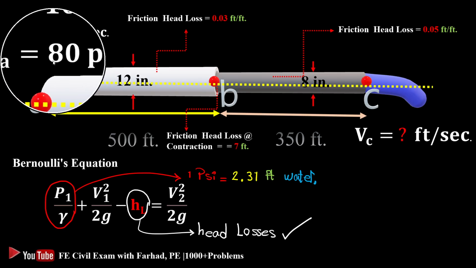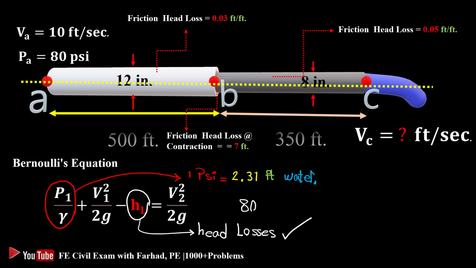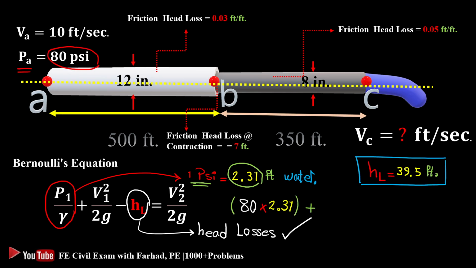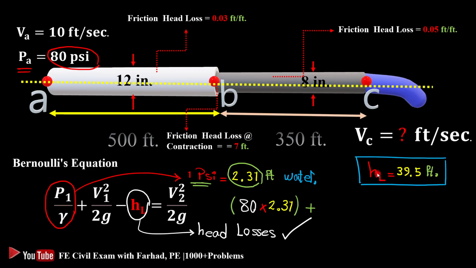Pressure at A is 80 psi, so simply multiply that by 2.31, plus V1 squared over 2g, with g in US customary units, where velocity at point A is 10 feet per second, squared over 2g, minus the head losses we already calculated, is equal to V2 squared over 2g.